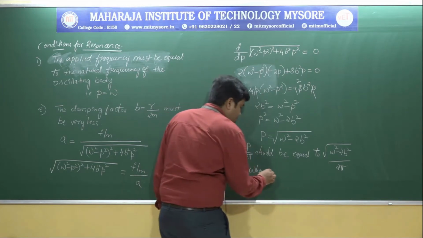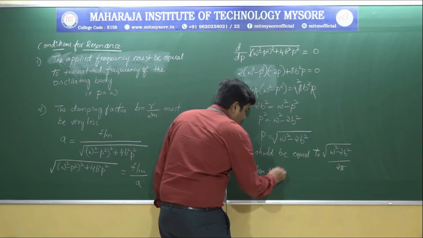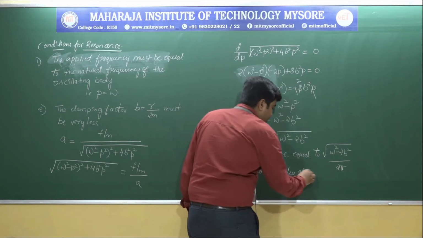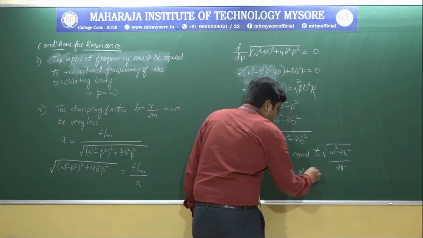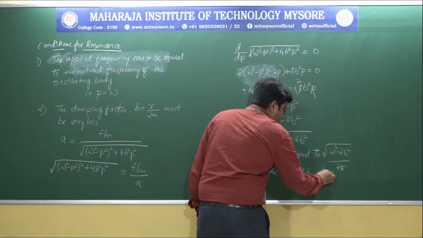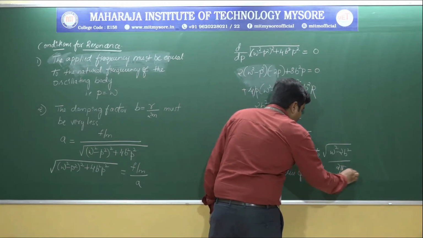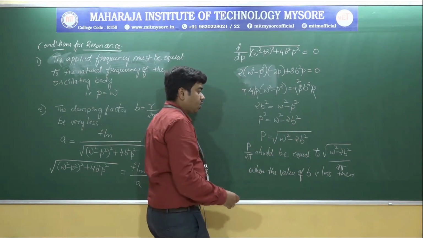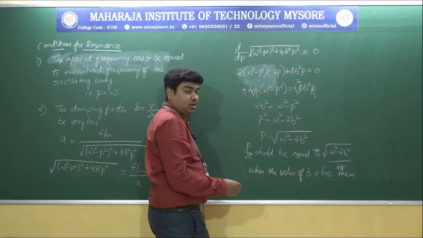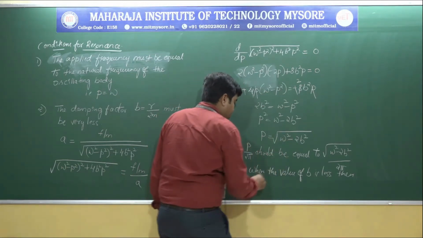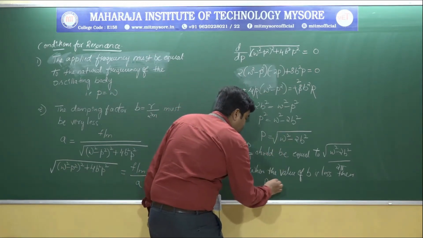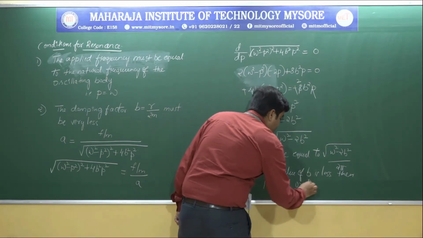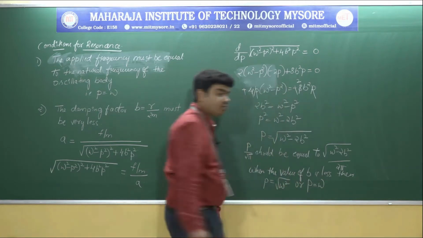When the value of b is less, if the damping factor becomes negligible, then this becomes P is equal to square root of omega square, or P is equal to omega.